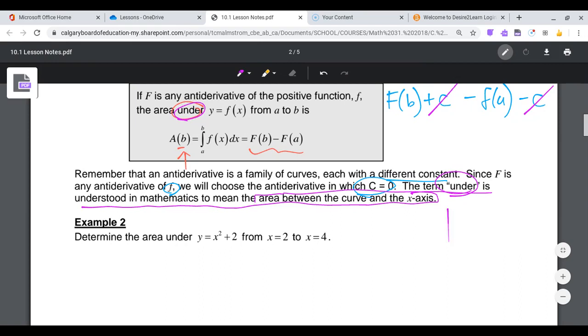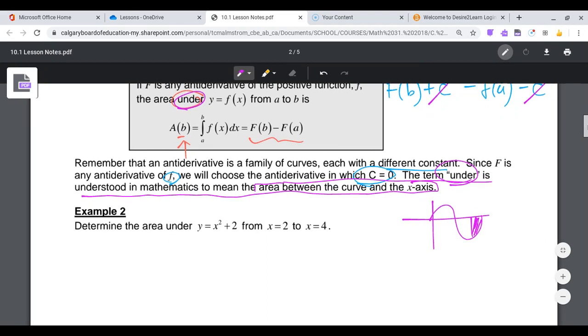So we could be looking at some parabola or something where we're just looking at this little piece. It doesn't really matter. It's just that it could be the piece between the x-axis and the curve. So the curve could end up being below the x-axis. That's the part that I'm trying to get to. So hopefully I didn't blotch that too badly.